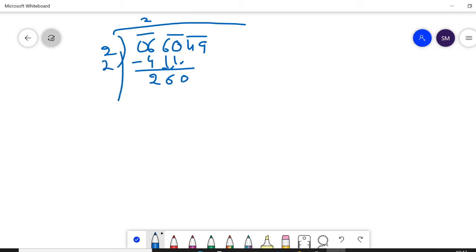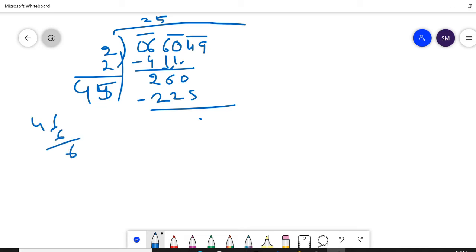Then 2 plus 2 is 4, then think of a number. 45 times 5 is 225. 46 times 6 is 276, which is greater than 260.